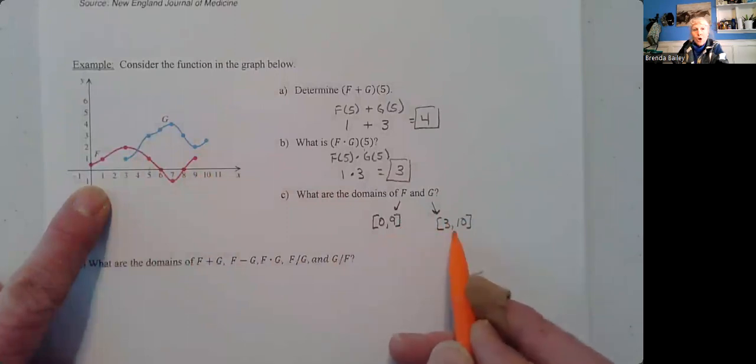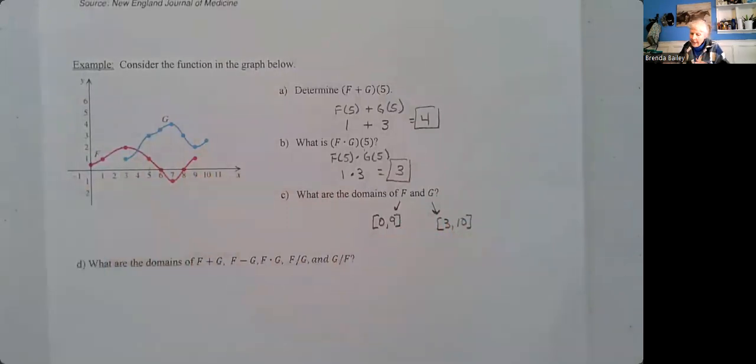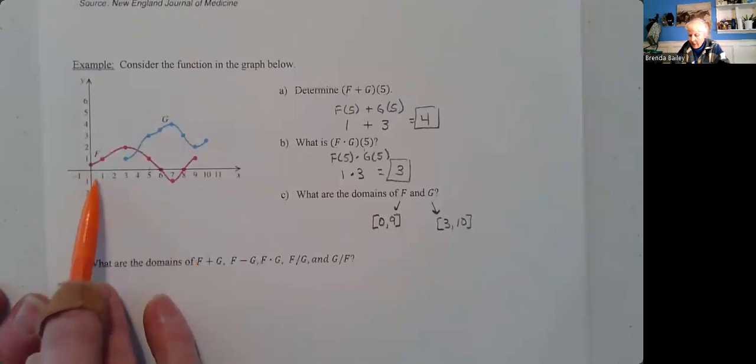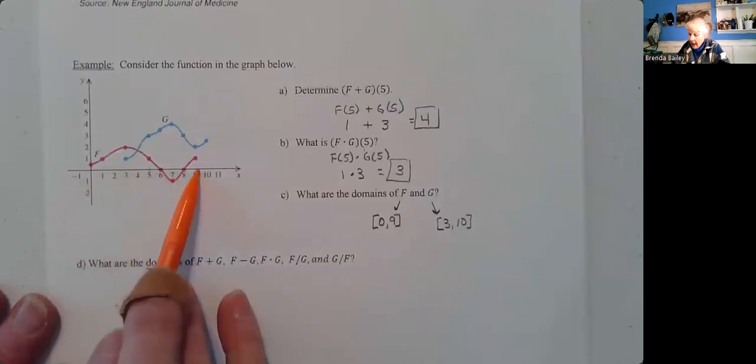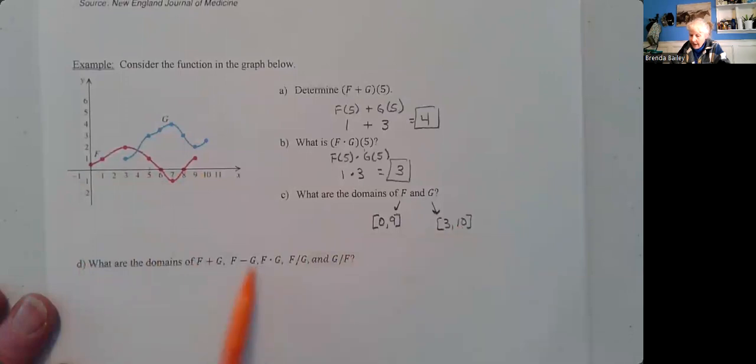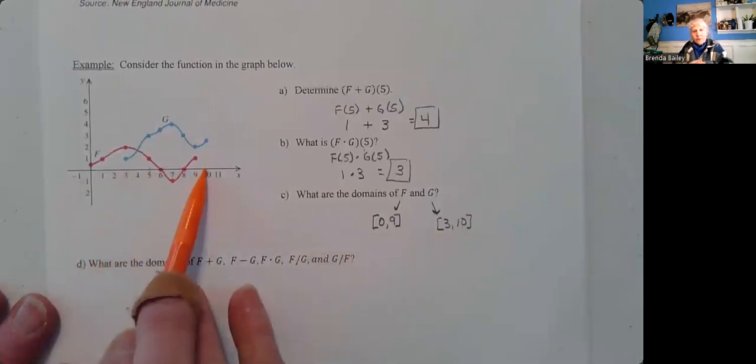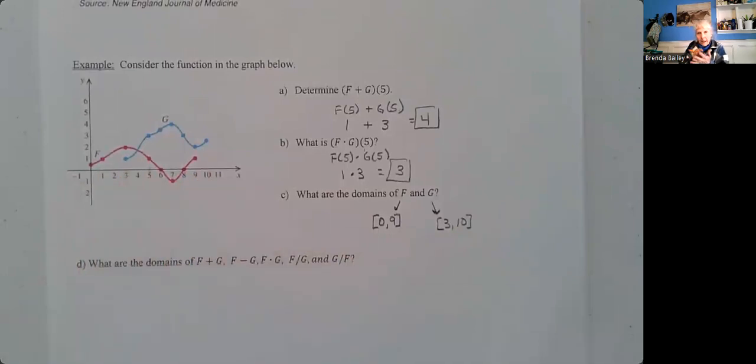Knowing that, what is the domain of these right here? Well, you want these combined. All of them have an F, so you have to use only 0 to 9. And for the G of X, you can only use 3 to 10. So this is an and, and you want what's in common.